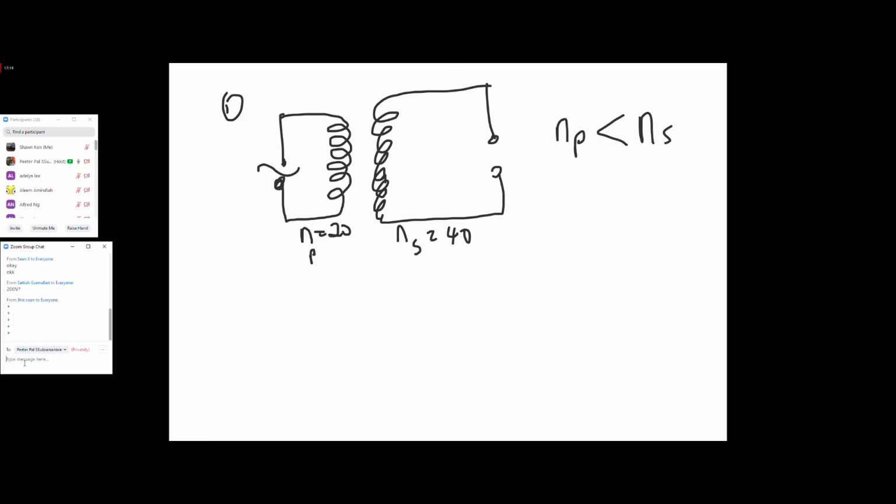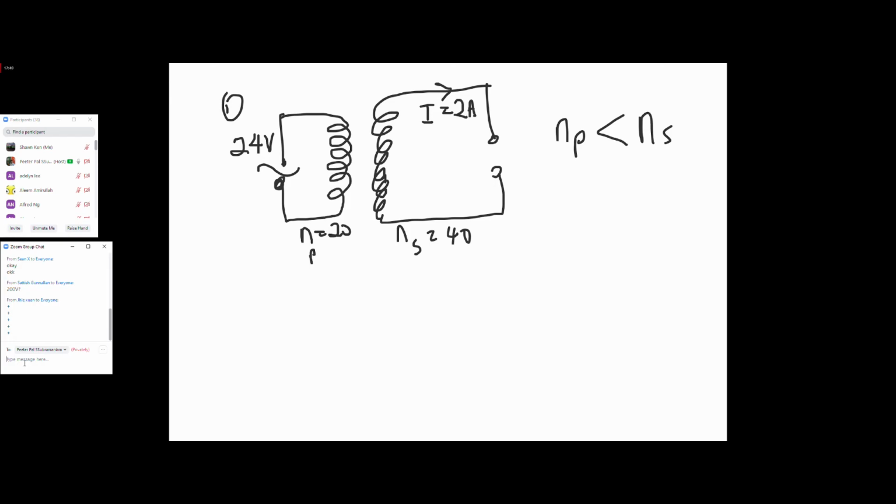Let's say the primary voltage was 24 volt, and the secondary current is found to be 2 ampere.